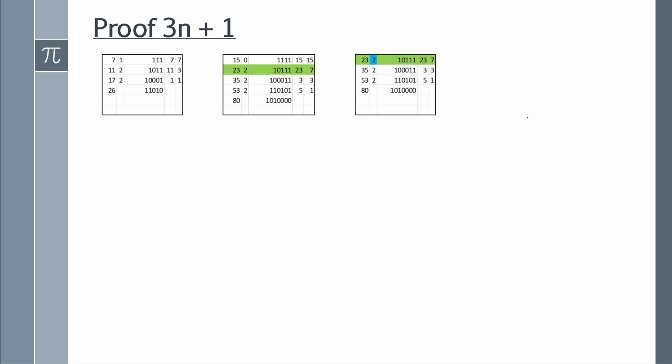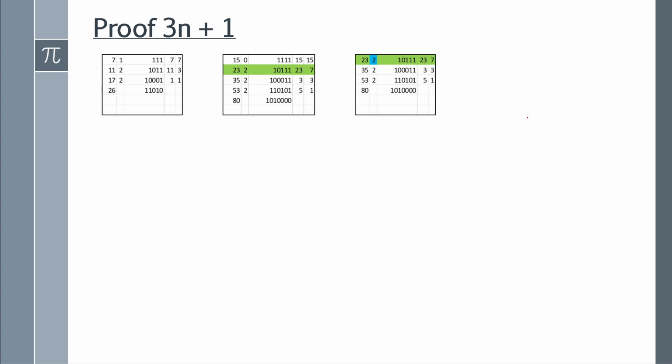So 23 is a 7, but it goes to 15, right? So if I'm going in the reverse direction, I can only go to 15 from 23, right?